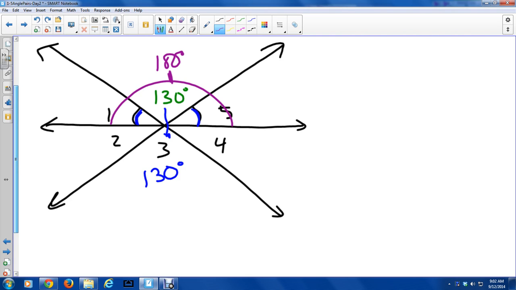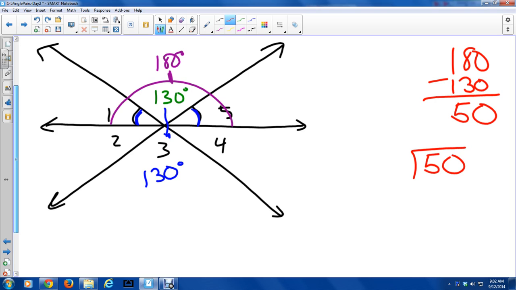So if we subtract the 130 from the 180, I'm going to do that over here, I get 50. Please do not jump to the conclusion that angles 1 and 5 are 50 degrees each. If you double check and add that up, you'd get 230 for the whole half circle, and we all know that's not true.